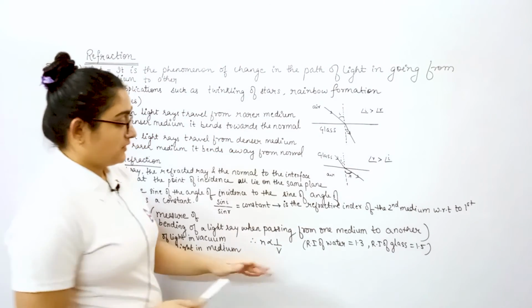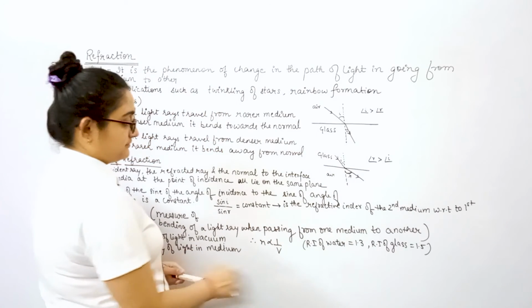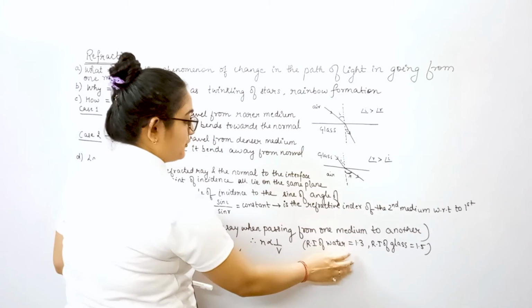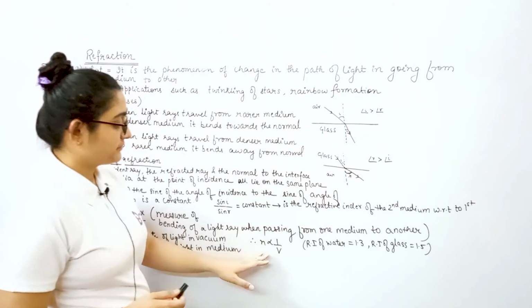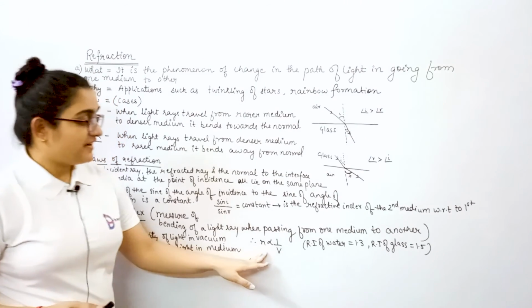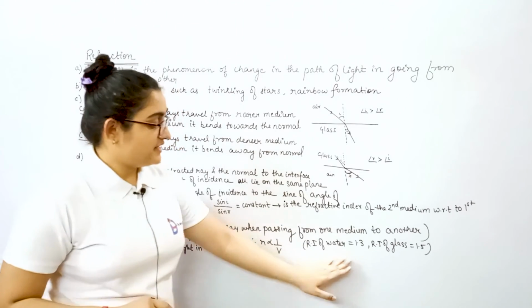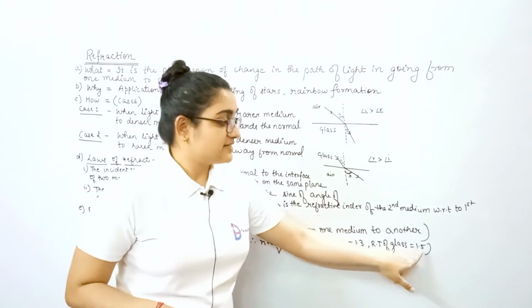So, if I take these two media, water and glass, suppose I take glass. Glass is having refractive index 1.5, okay. Which one is having higher refractive index? See, the refractive index of water is 1.3 and the refractive index of glass is 1.5.